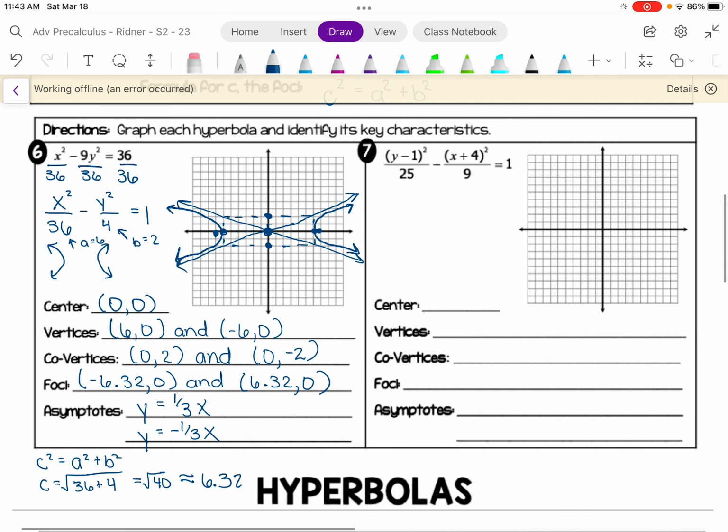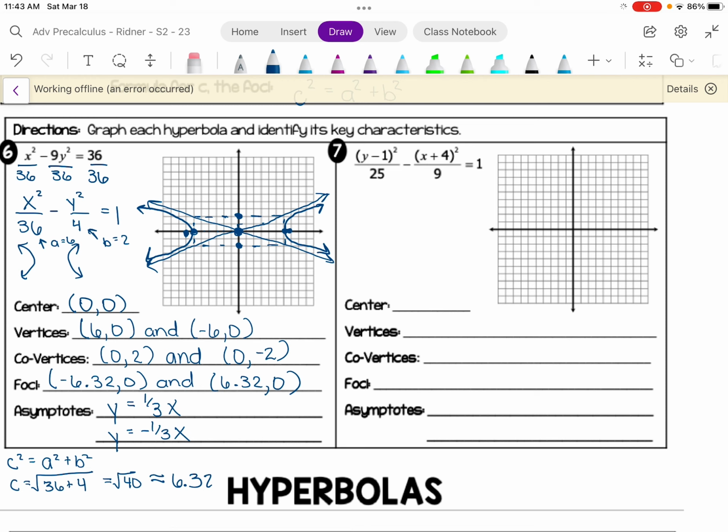Okay. This video may be a little longer, but I am going to go over the next one. So if you think you have it, you can just stop and then check your answers. But this one starts with y. So I know that it's going to be an up and down hyperbola. It's already set equal to 1. A is 5.